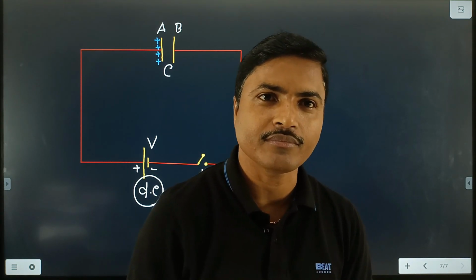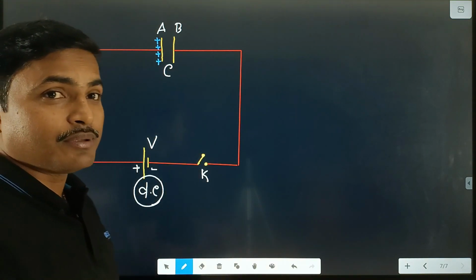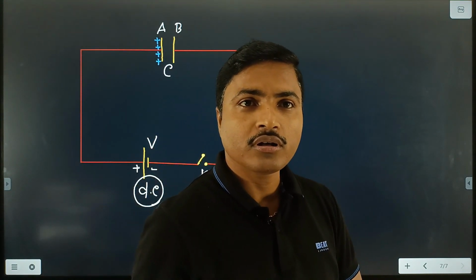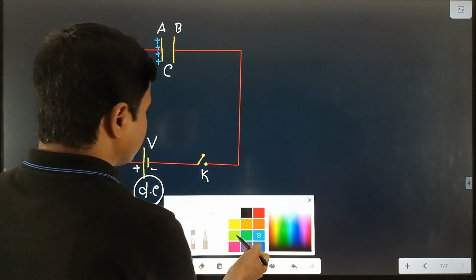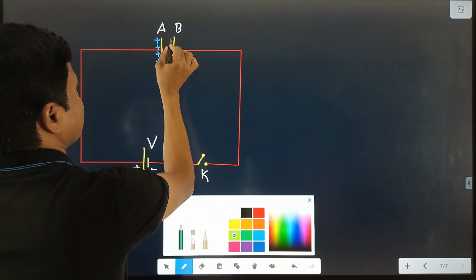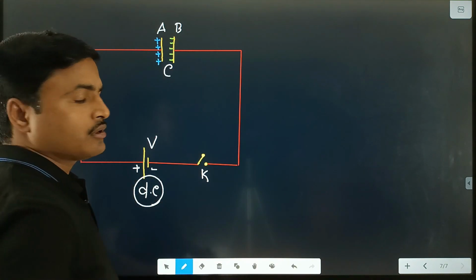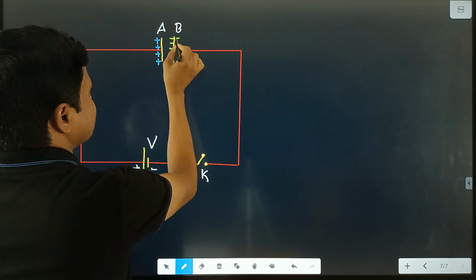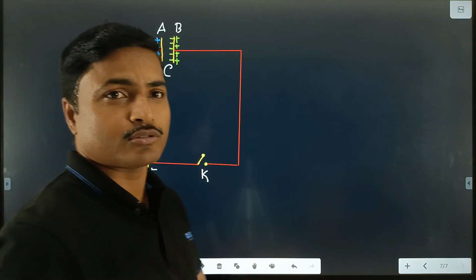And at the same time, what happens? Plate B is very close to plate A, and inside plate B negative charges are there, so on the inner side of plate B, negative charges are induced, and on the right side, the same amount of positive charges are induced.